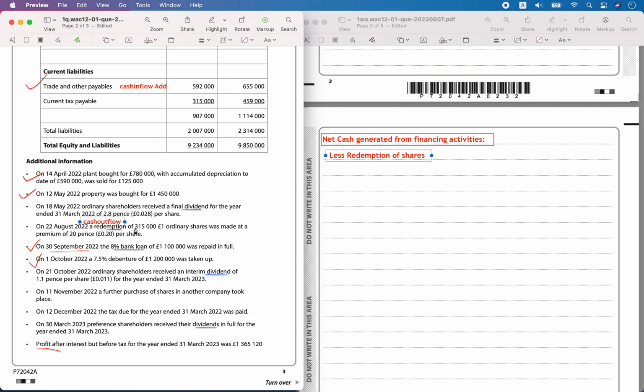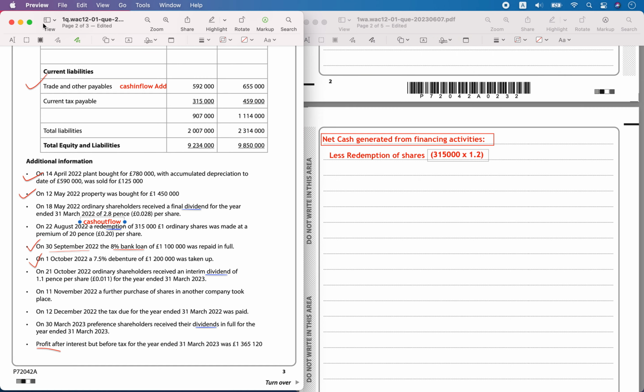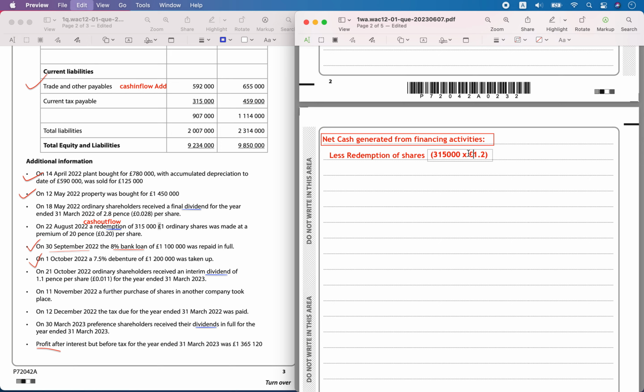So the total number of shares redeemed is 315,000, and they were redeemed at 1.2 pounds, not at 1, it was at a premium. So the total value is going to be equal to, what is the value?